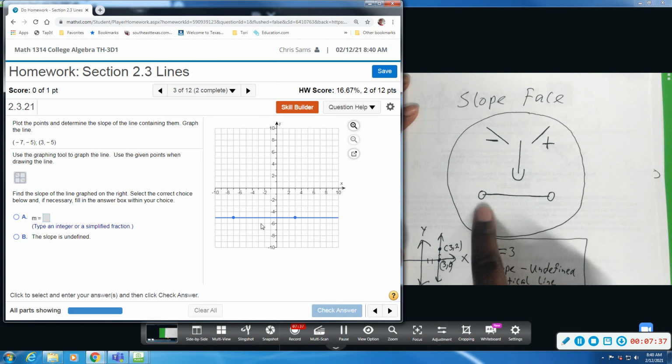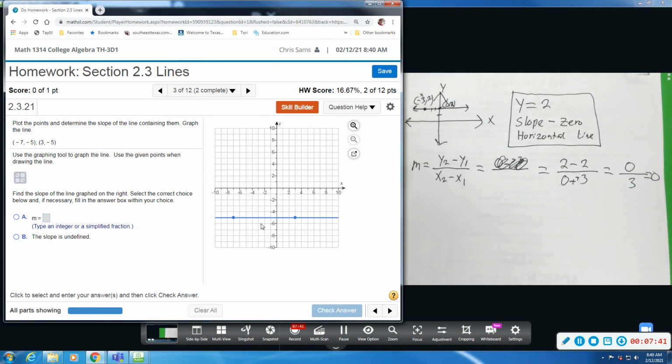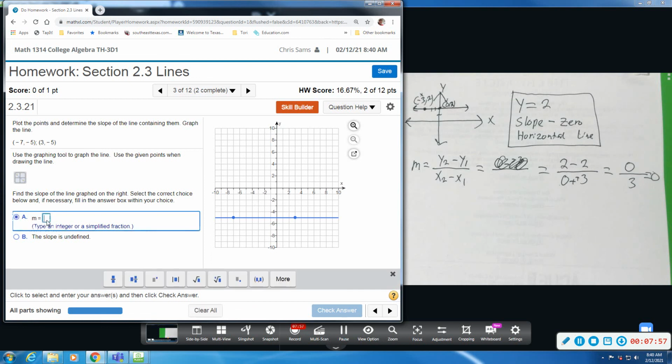Undefined with that U, and the horizontal is zero for the math. Okay? So, in this example, we could use those points and find the slope. But as you have just seen, the two y's will always be the same. The -5 and -5, they will go to 0 and give you a 0 slope. So in this case, m equals 0.